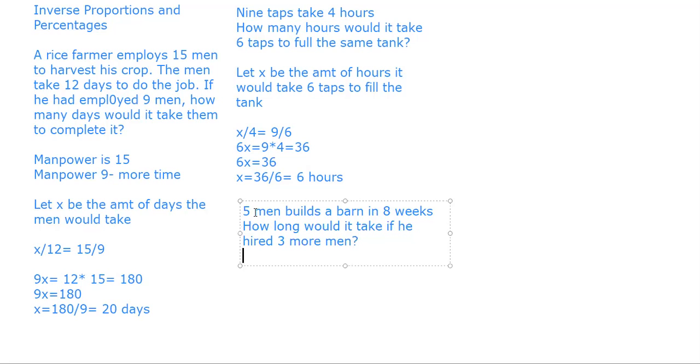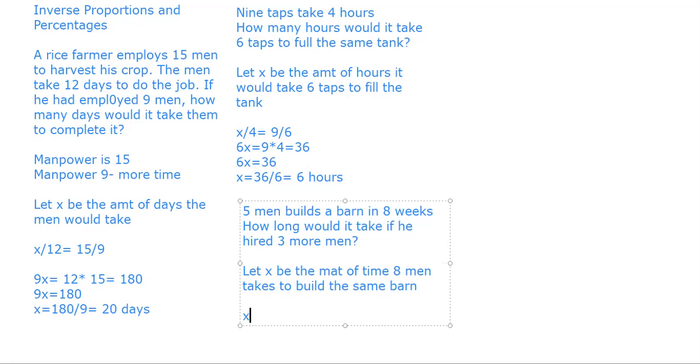Right, so he's going to hire 3 more men. So he hired 5 men at first, so he's going to have 8 men to compare the time, right? So let X be the amount of time 8 men take to build the same barn.